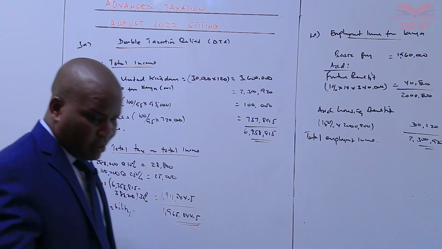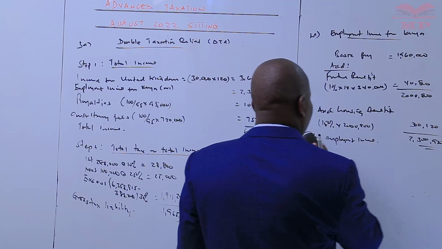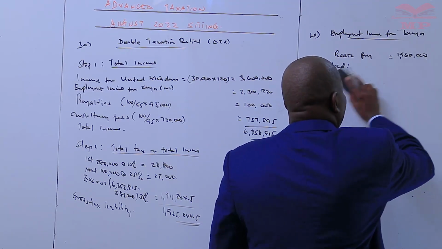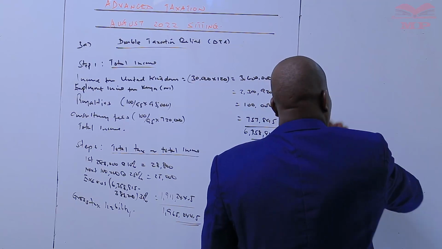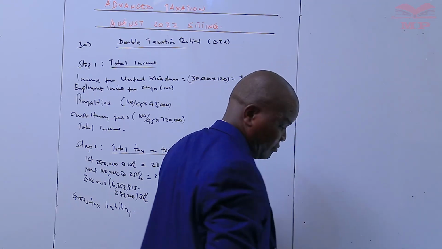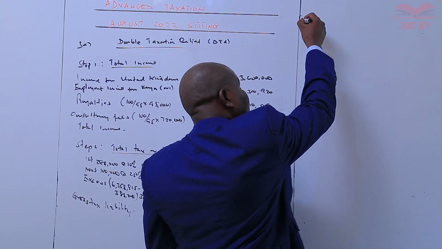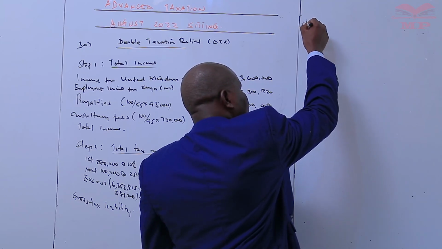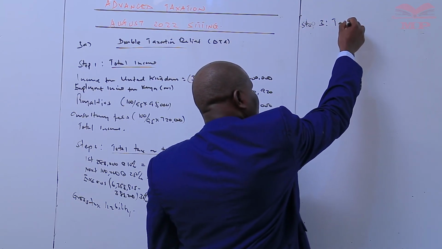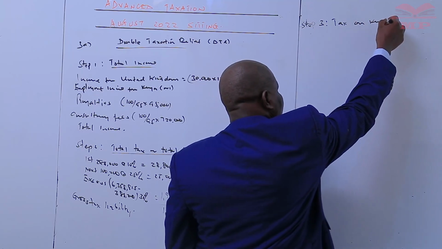We move to step 3. Step 3 is to compute tax on Kenyan income.